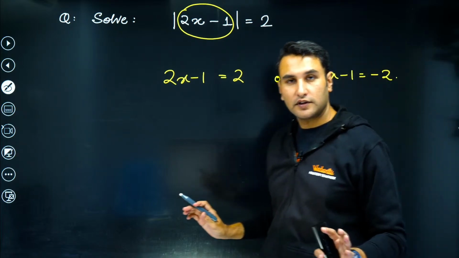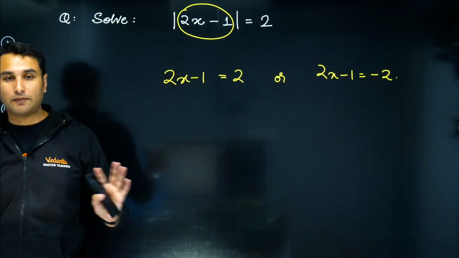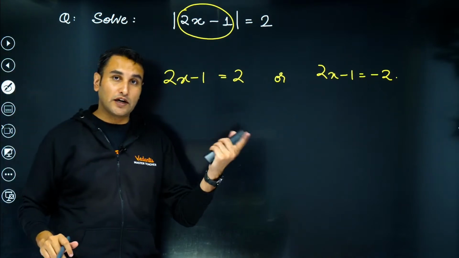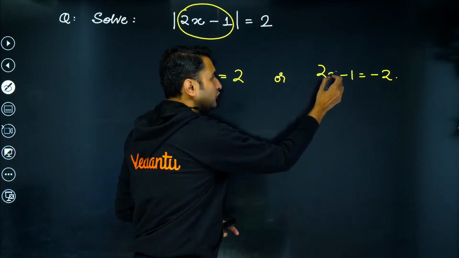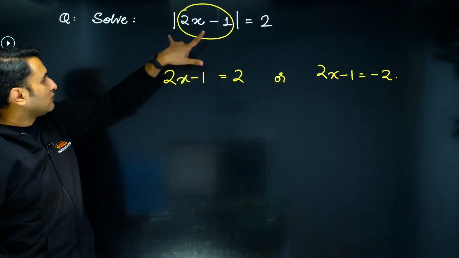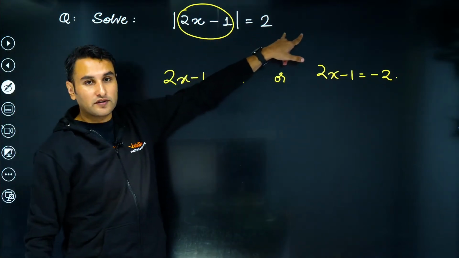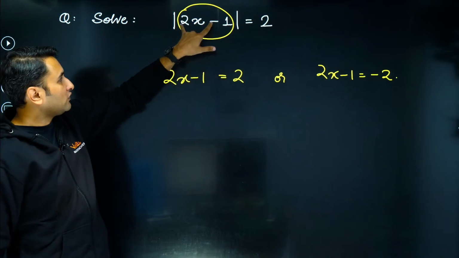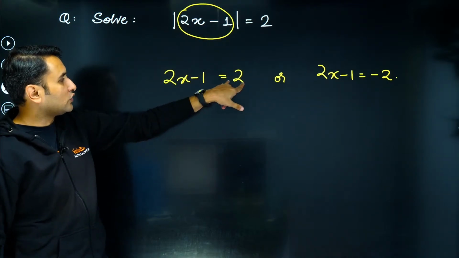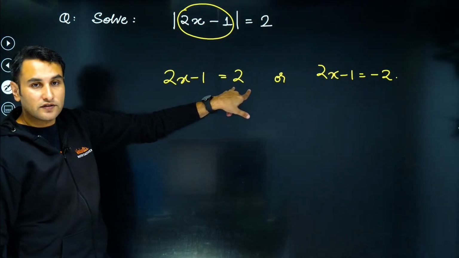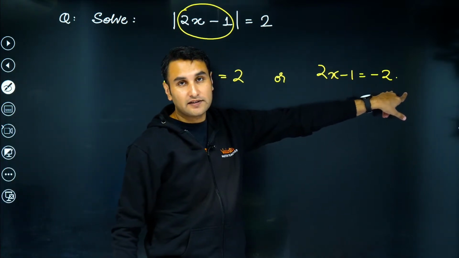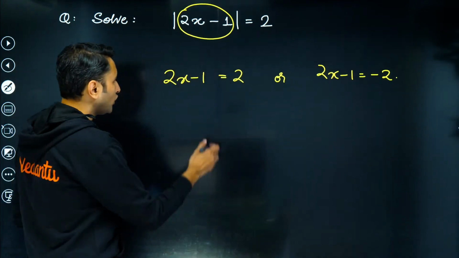You got the graphical understanding previously, I am not going there again. I will come to that again in a more complex problem. But for such simple problems, where the modulus of something is equal to a constant, simply make whatever is inside the modulus equal to plus the constant or minus the constant. Okay? And then solve both.